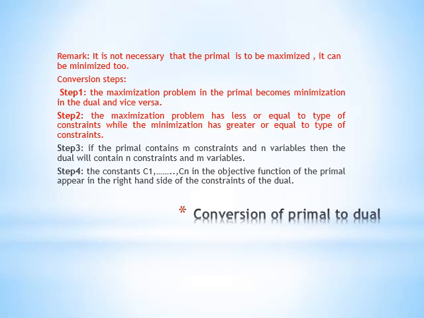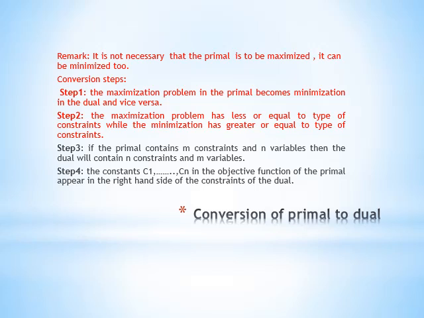Step 4. The constants C1, C2 up to Cn are mentioned as the profit of 1 unit when we are talking about maximization, and the cost of 1 unit when the objective function deals with the problem of minimization.